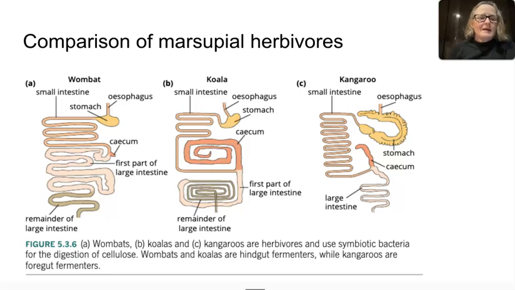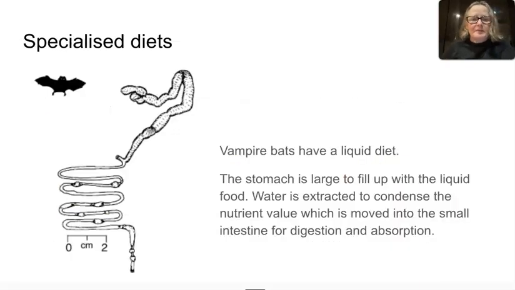The last mammal that we will consider is a bat. In particular, vampire bats. And vampire bats have a really odd digestive system because they have a liquid diet. So they need to have quite a large stomach, which is going to be able to distend, in other words, stretch, to take up the quantities of liquid that they take in.